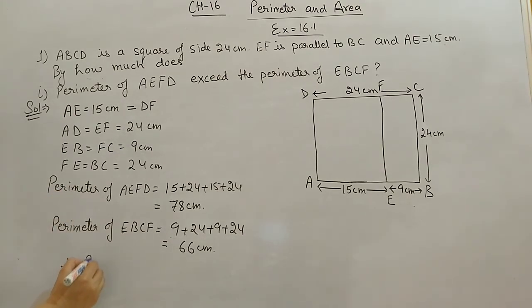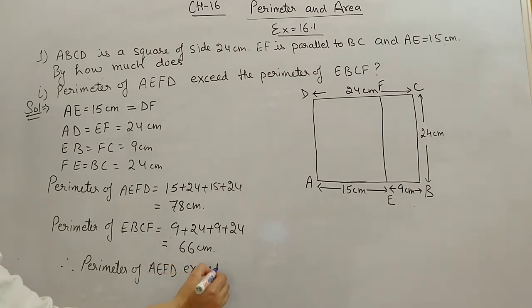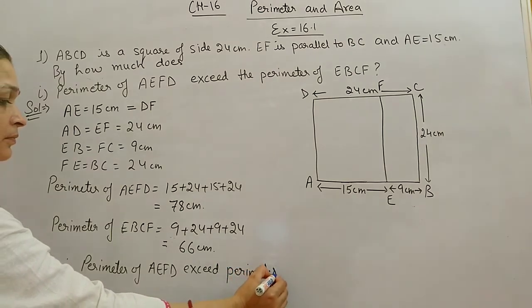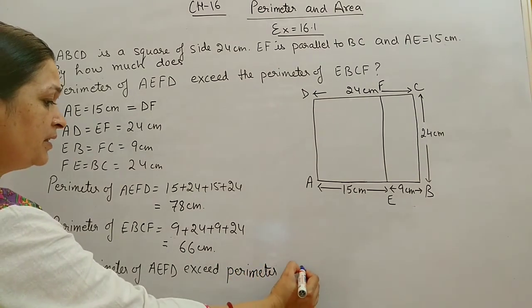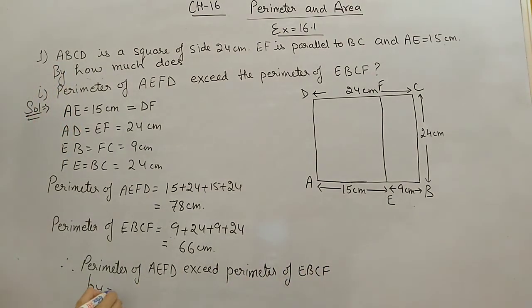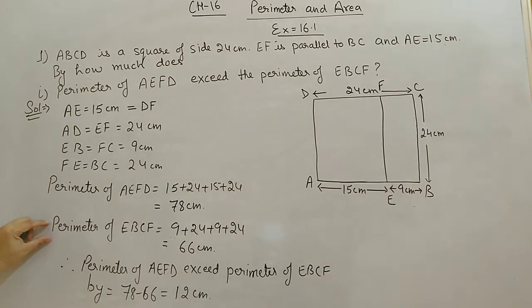Therefore, perimeter of AEFD exceeds perimeter of EBCF by 78 minus 66, equal to 12 centimeter. So this one is more than this perimeter, and how much? More by 12 centimeter.